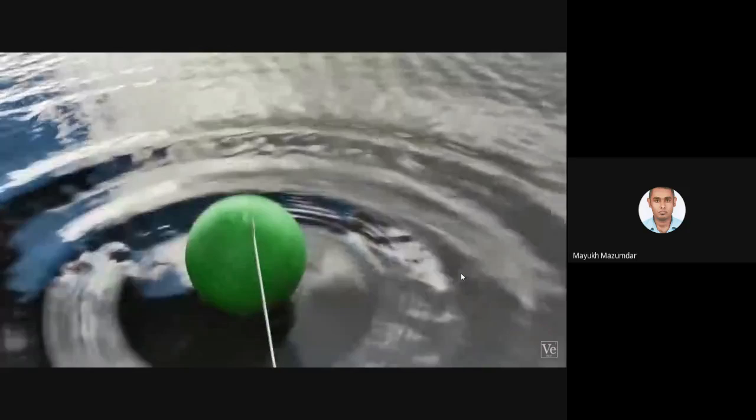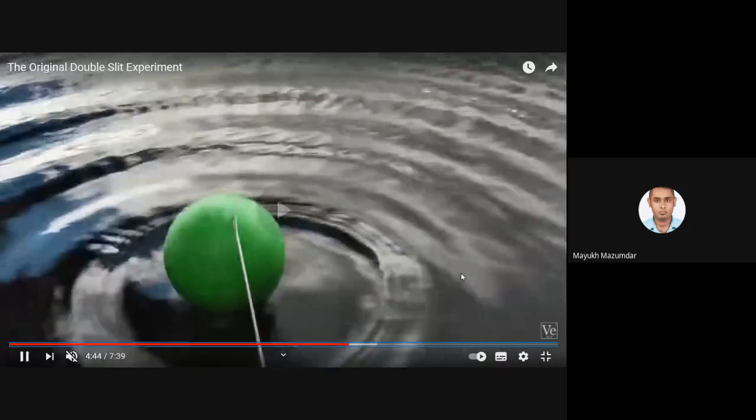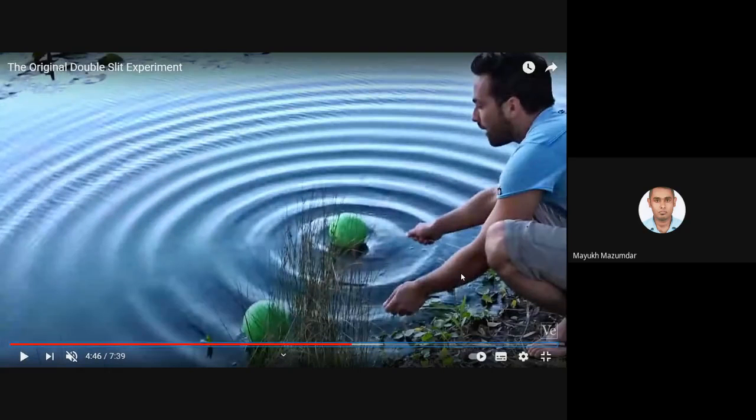See, can you tell me what kind of wavefront is generated here? What kind of waves are generated? Aarti? What is the shape of the wavefront?